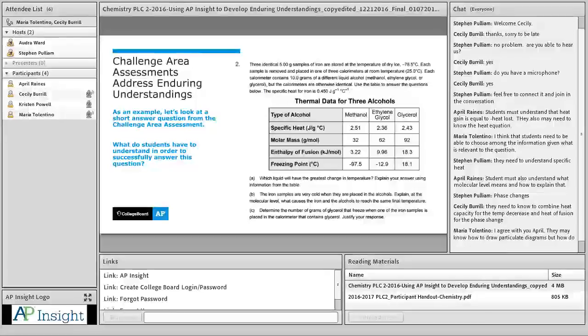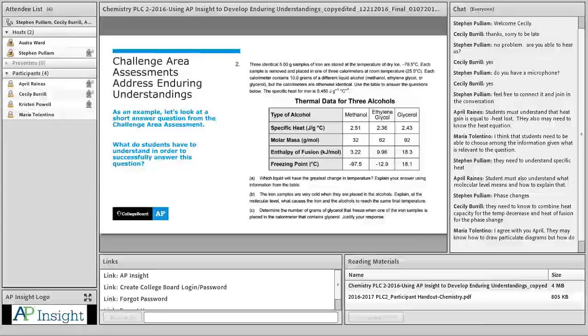In this too, though, it's not just conceptualizing. That third one is a big multi-step calculation, to figure out how much heat the iron is losing, and then how much heat the alcohol gains. Are you assuming they're all getting to 25 degrees as the final temperature?